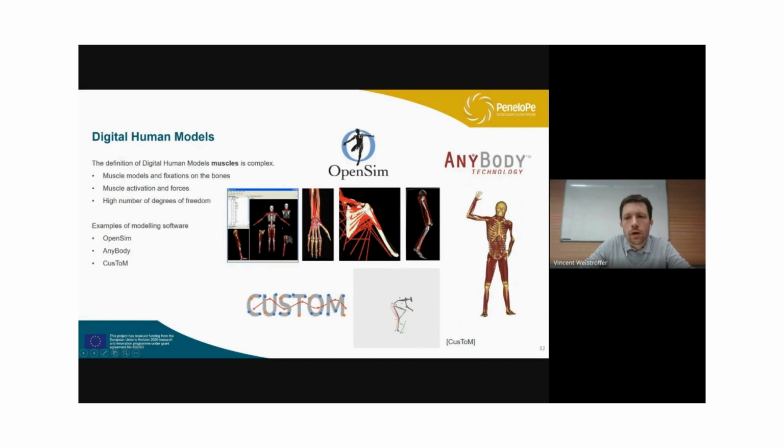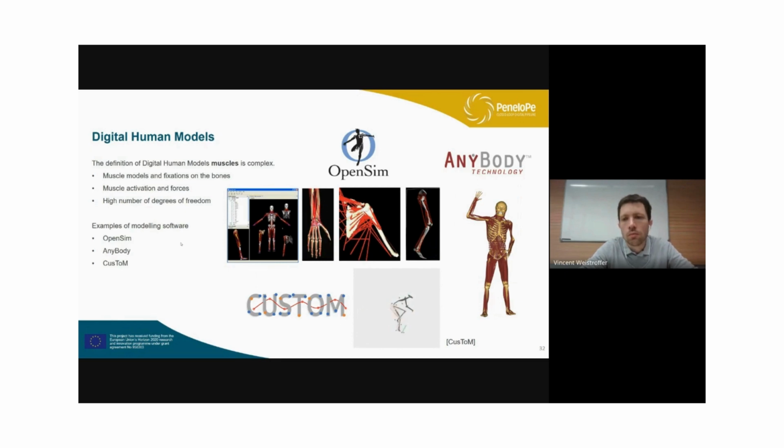When you have defined the digital human model skeleton, then in some cases you also want to model the muscles. And it's especially needed if you want to do precise ergonomics evaluation, and you want to compute internal efforts and internal muscle efforts. Then you need to have a digital human model with muscles.